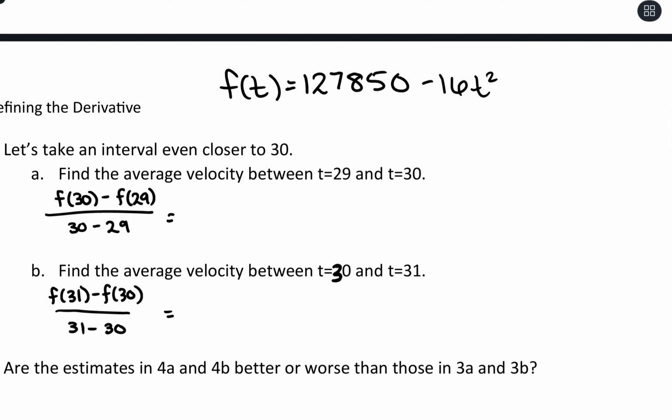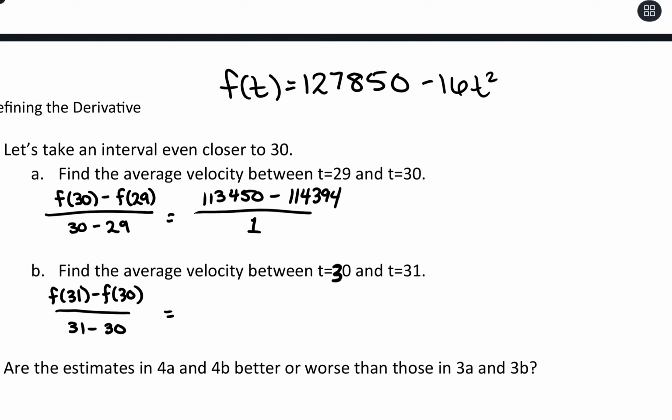So 127,850 minus 16 times 30 squared is 113,450. And then looking at the output at 29, so 127,850 minus 16 times 29 squared, 114,394. And then same thing down below here.